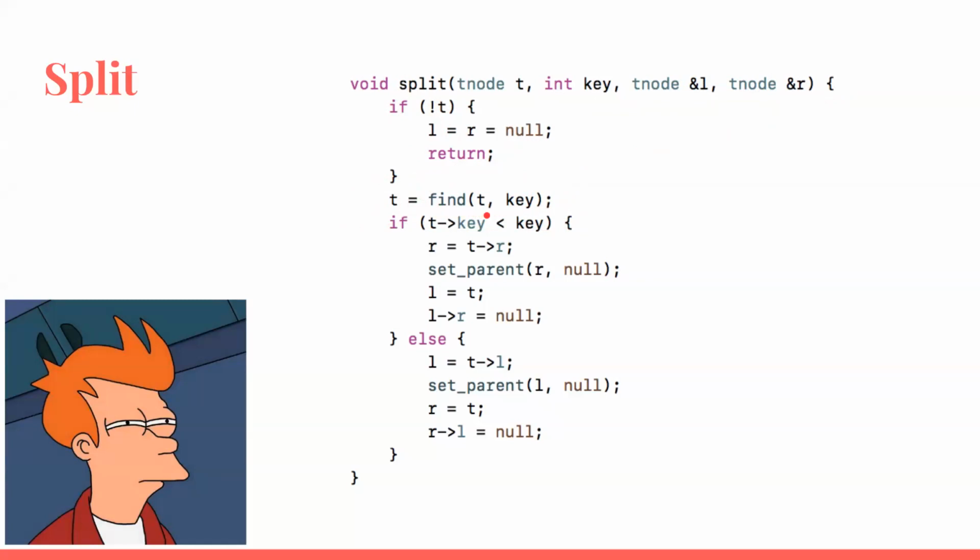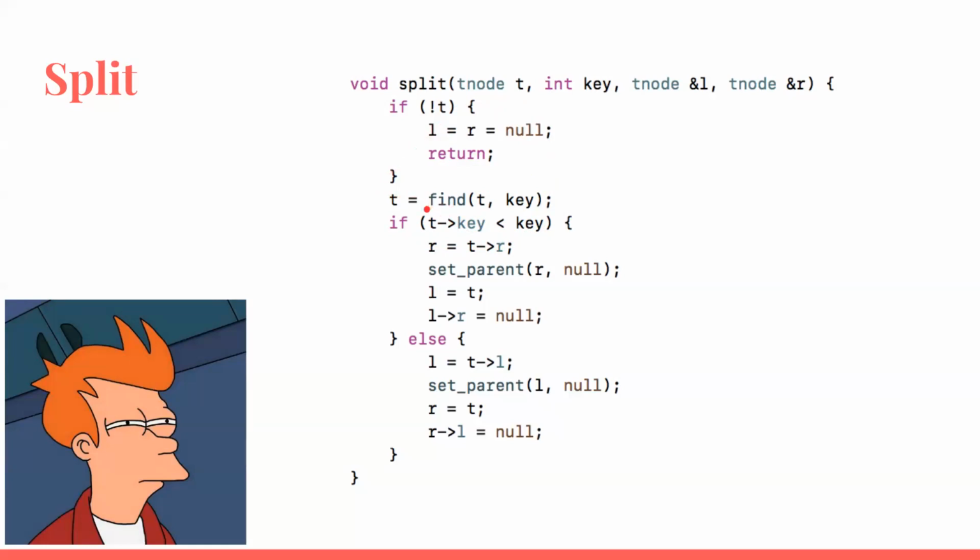So you remember that even if key does not exist, we will find some vertex which is close to key. So we are comparing it. If our key in T is smaller than key, then it means that this vertex should be in the left part, and all the vertices in the right sub-tree of T should be in the right part.